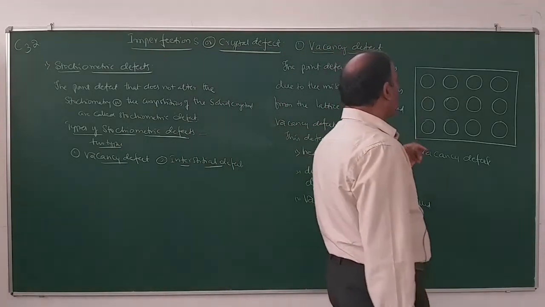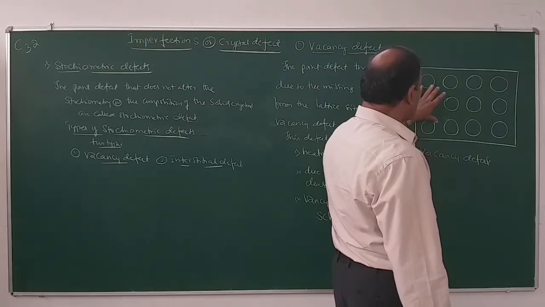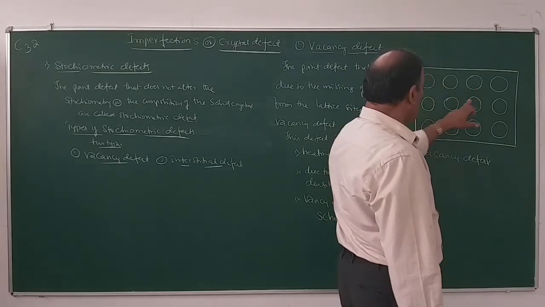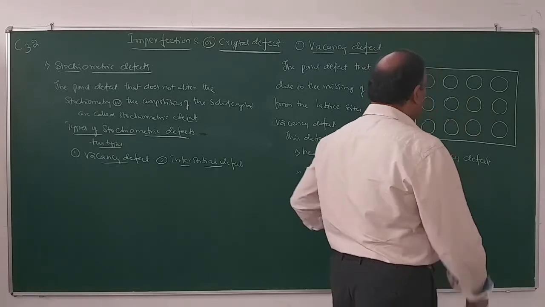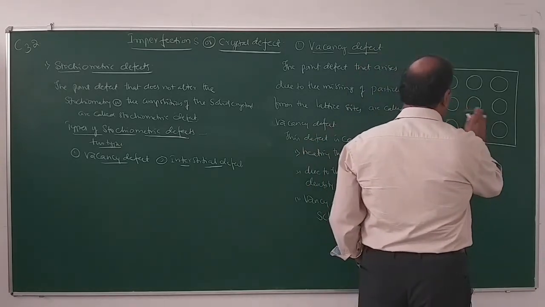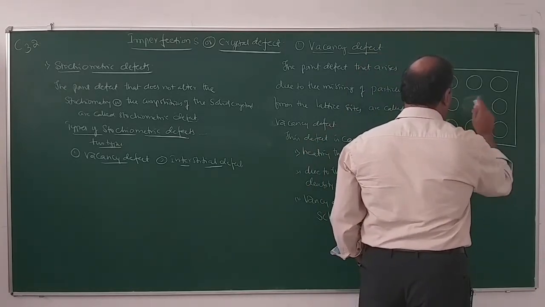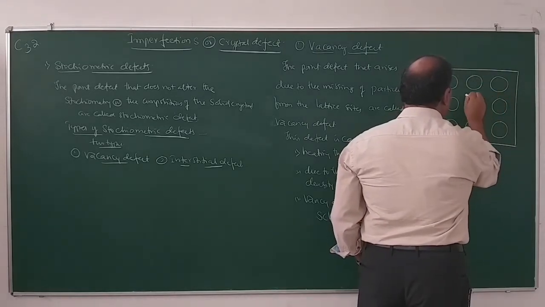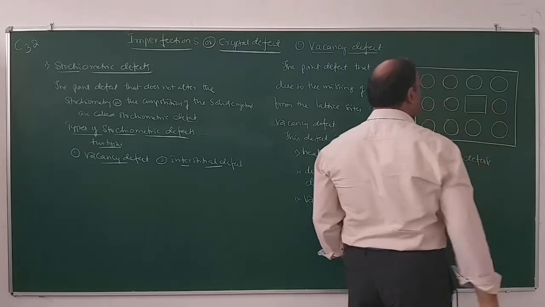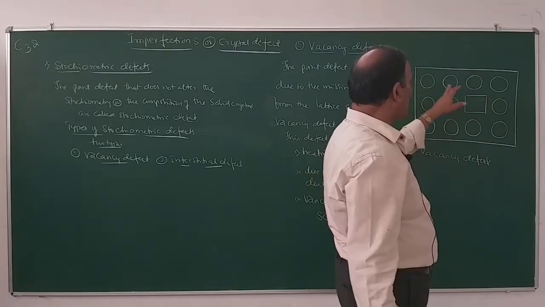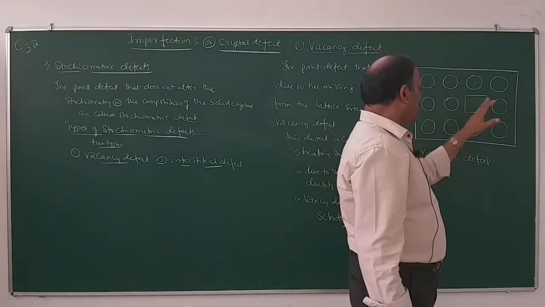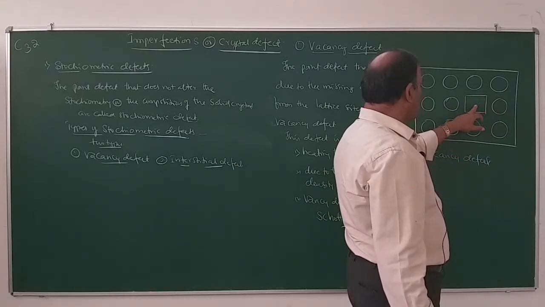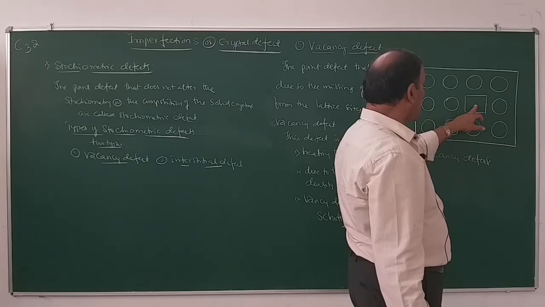Observe here. Suppose this is a crystalline solid in which the particles are arranged in a definite pattern. If this particle is missed, what happens? A vacancy is created here. Here the particle is missed from its lattice site.